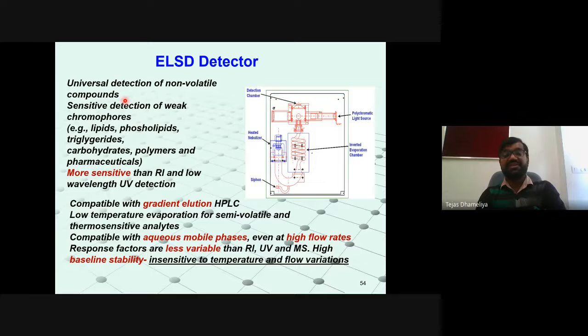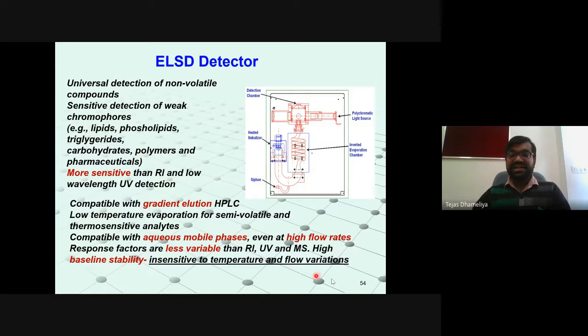So sensitive detection of weak chromophores has been used for this purpose. So lipids, phospholipids, triglycerides. So basically, you can see they are oily substances. Even sugars, such as carbohydrates, polymers, and pharmaceuticals are detected, which lack chromophore units. Right, and there are many other advantages.